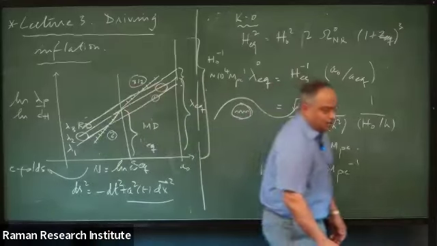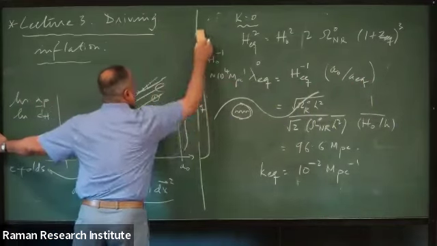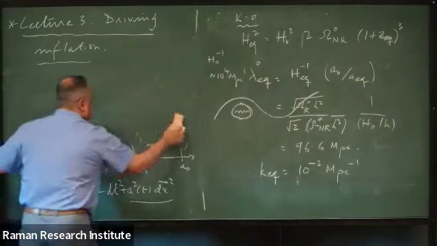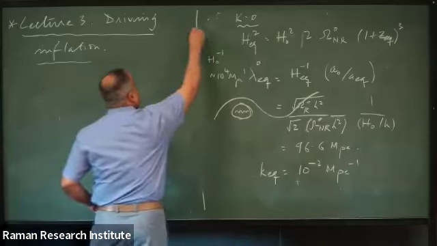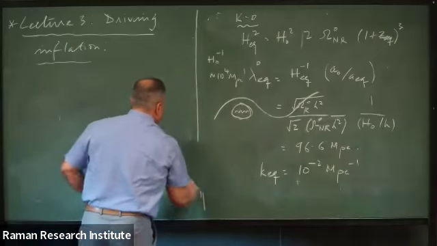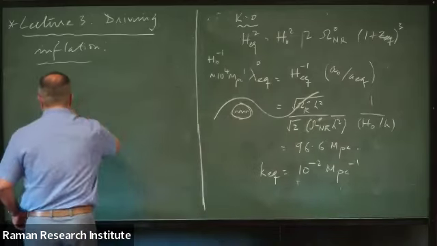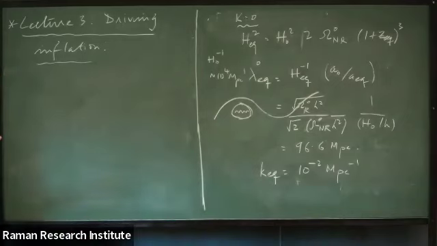So how do you overcome the horizon problem? It's simple. What do I need to do? As you go back in time, the wavelengths of the perturbations turn out to be larger than the Hubble radius in the scenarios we have discussed.